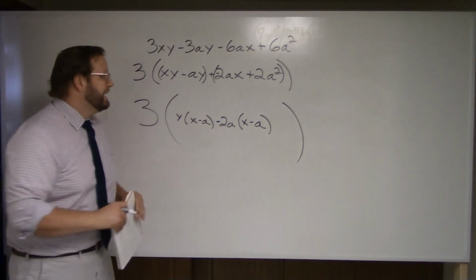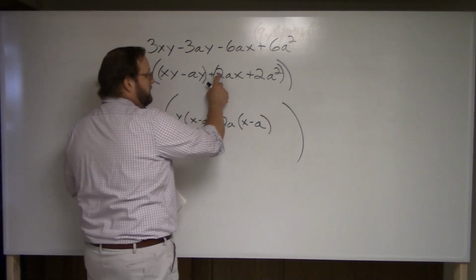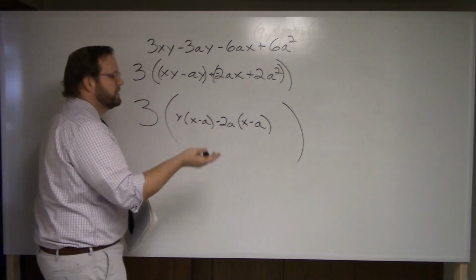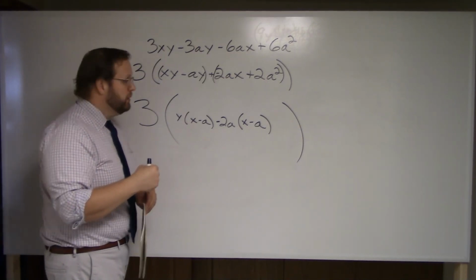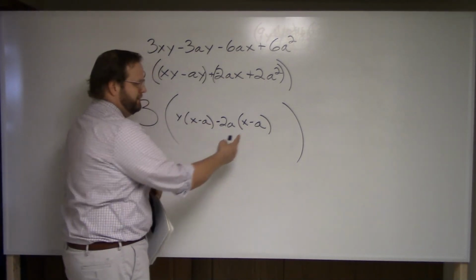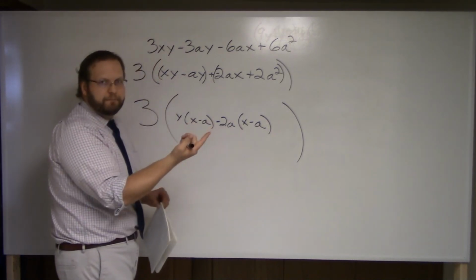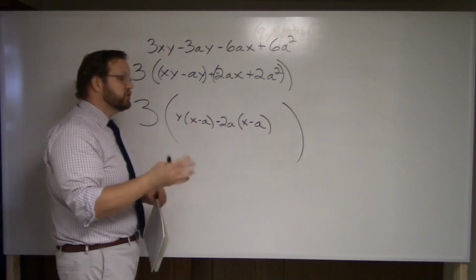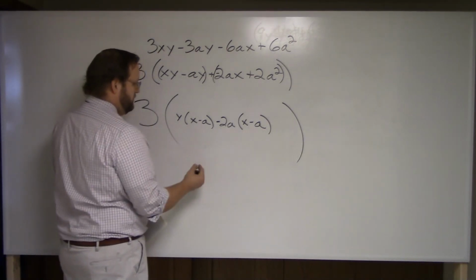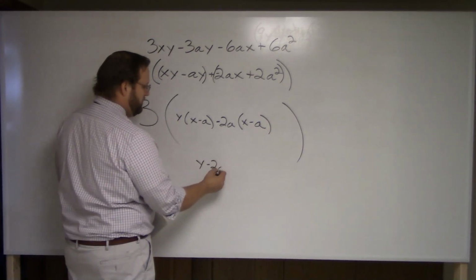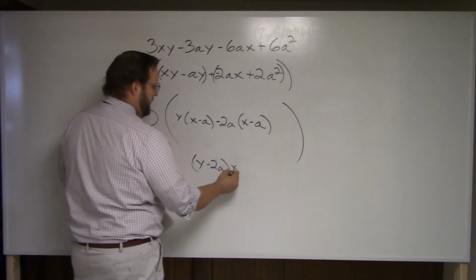Okay, so again, when you have that negative in front, a lot of times take it out as part of that GCF. There will be times where you don't want to, but again, if you take a negative out and you're like, oh, these were opposites, put it back in. Not a big deal. Sometimes it is a trial and error type of situation. So what I do to pull this together is y minus 2a and x minus a.